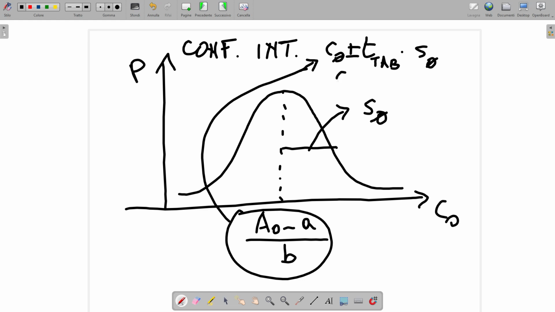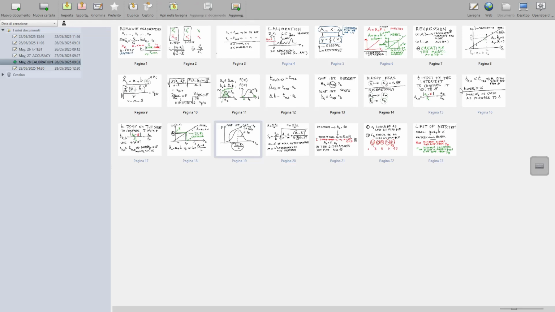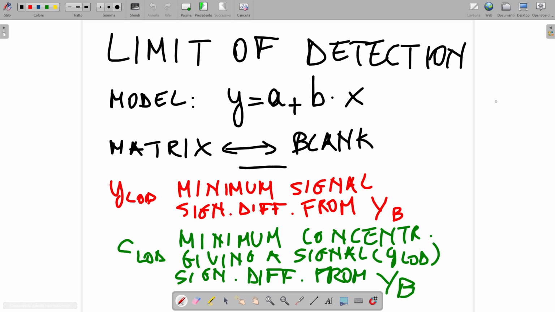The same holds true, C0 plus or minus delta C0. So delta C0, the error on C0, is t multiplied by S0. Okay, now we go on with the limit of detection, and I will try to explain to you how we calculate CLOD.